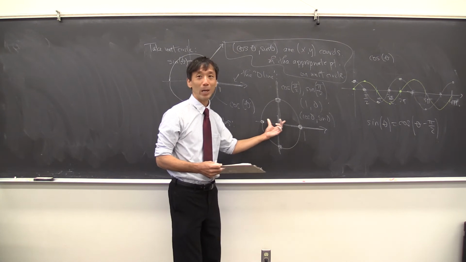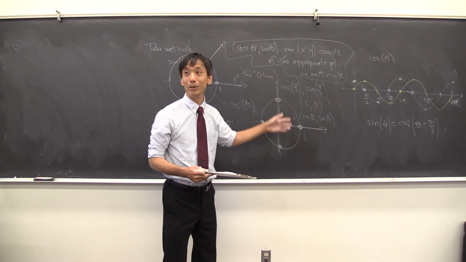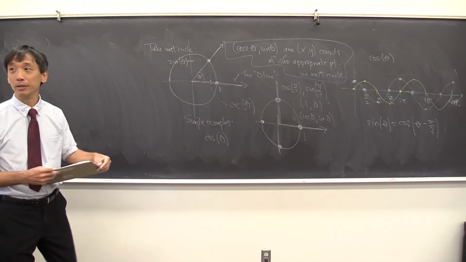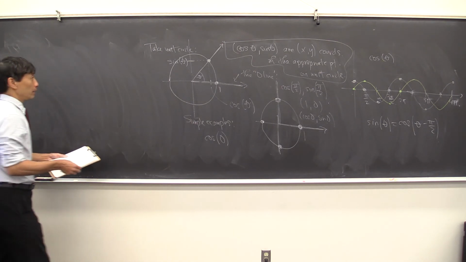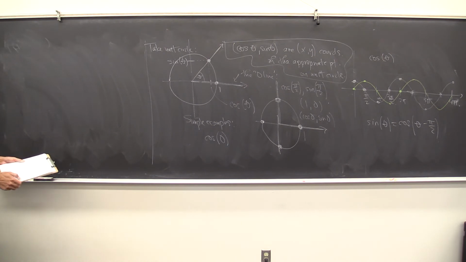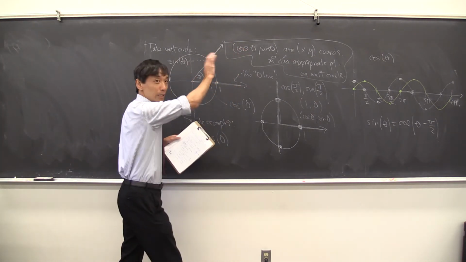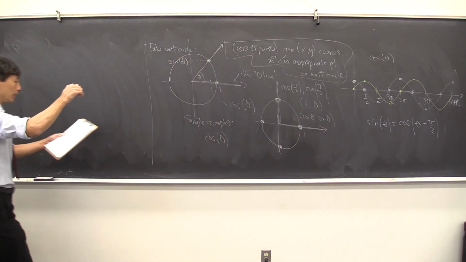There's no angle of pi, or angle of 3 pi over 2 or 5 pi or whatever. With triangles, it doesn't make sense, but it's very natural for the unit circle. So the main point is the definition: these are the x-coordinate and the y-coordinate.